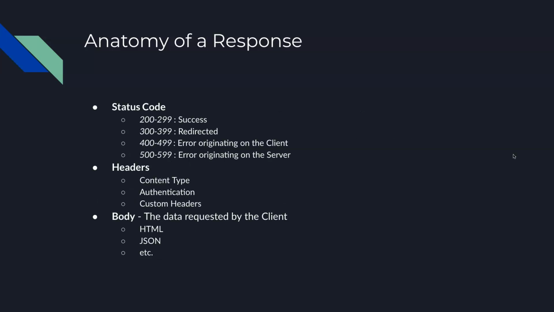All right, and the last piece that we're going to talk about is the anatomy of the response itself. So when a response comes back from the server on the client side, we're expecting to see first the status code. The status code tells us what happened when we made our request. If our status code is in the 200 to 299 range, that means that we successfully made the request that we were making.